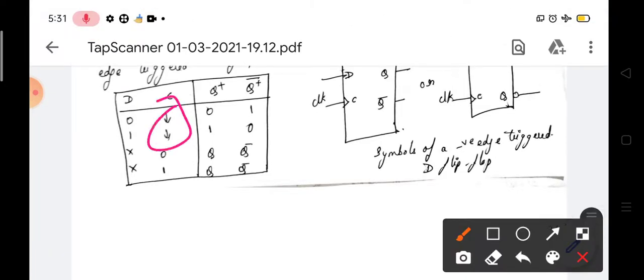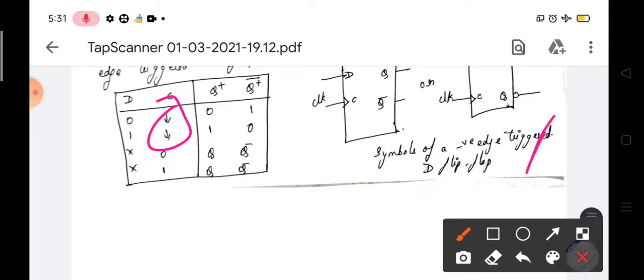This symbol indicates that the D input during the 1 to 0 transition of the clock gets latched at the output. Latched means it gets stored at the output. So changes in D between the negative edges of the clock will be ignored here.